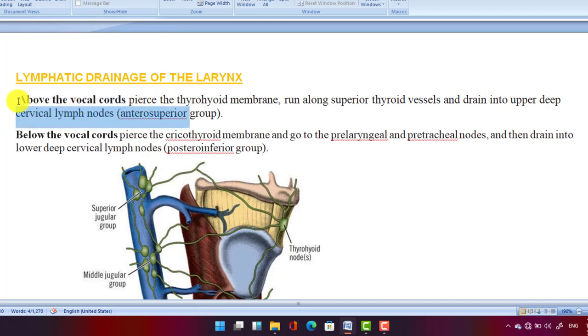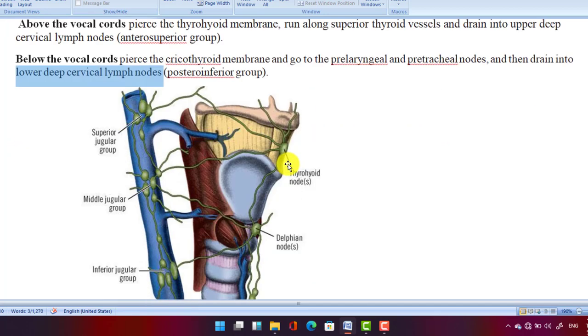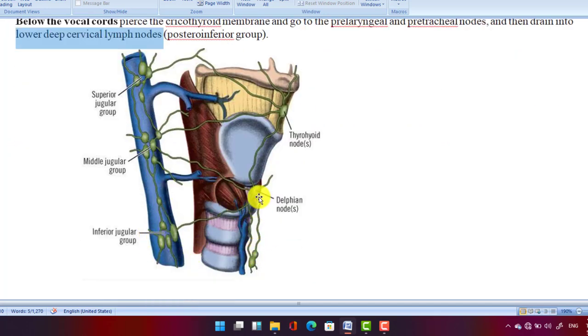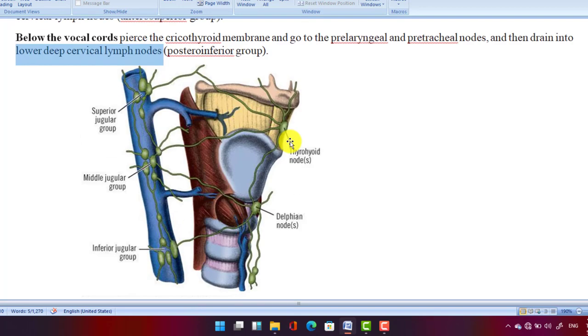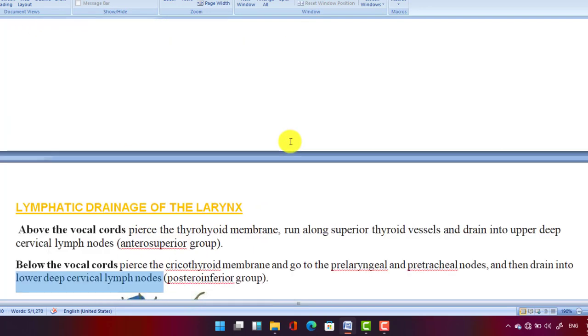Below the vocal folds, they are also drained by cervical lymph nodes, but the difference is the lower deep cervical lymph nodes. So here are the lower deep cervical lymph nodes and upper deep cervical lymph nodes. They drain the fluid from the larynx.